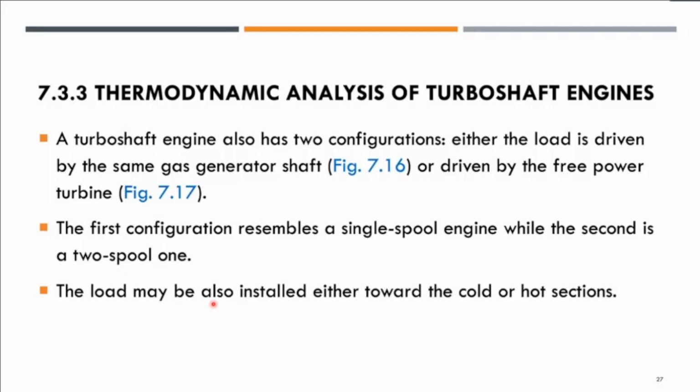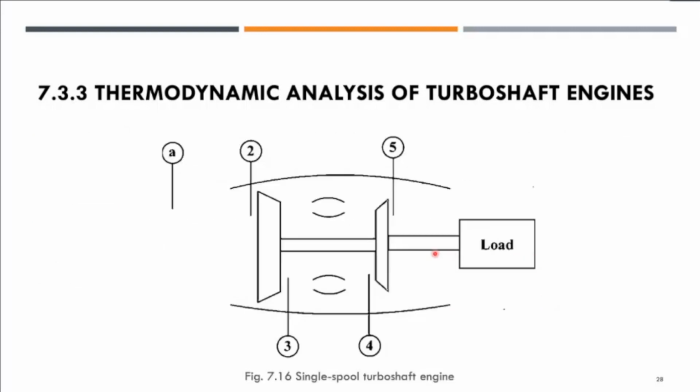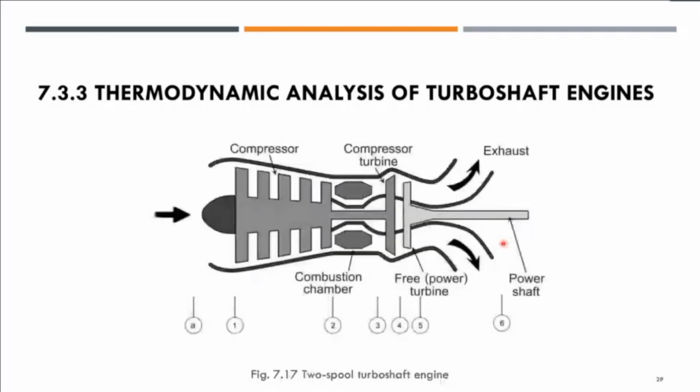The load may also be installed either toward the cold or the hot sections. This is the single spool turboshaft, where the load is driven from the single shaft connecting the compressor with the turbine directly to the load. And this is the two spool arrangement, where the power shaft, the load itself, is driven by the free power turbine.